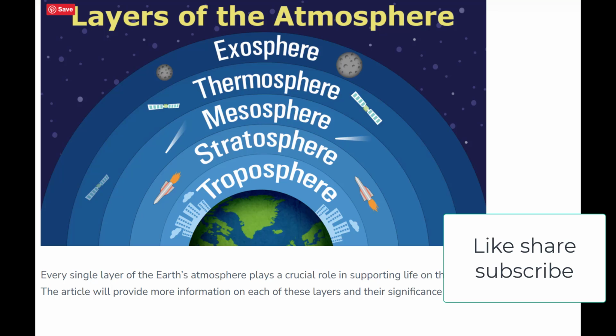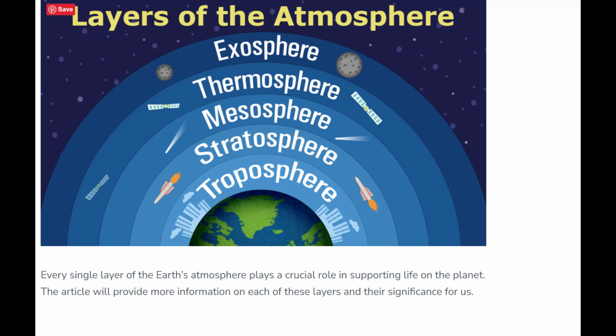So let's understand the different layers in the Earth's atmosphere. We have the exosphere, thermosphere, mesosphere, stratosphere, and the troposphere. These are the different layers in Earth's atmosphere.